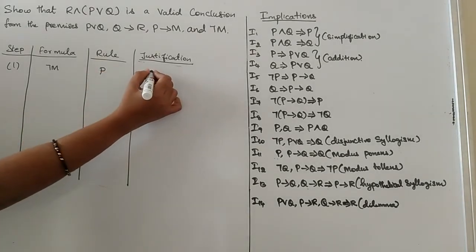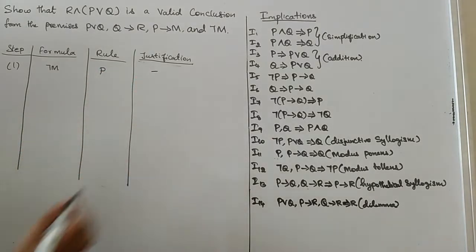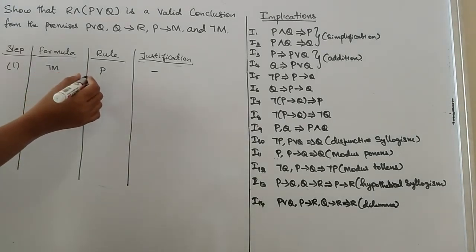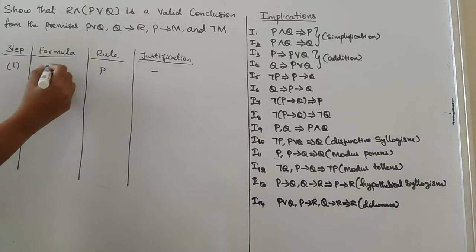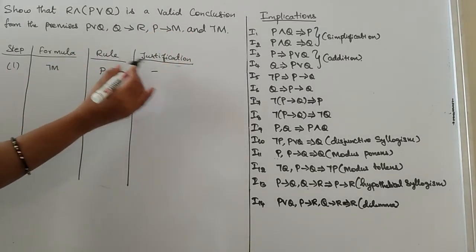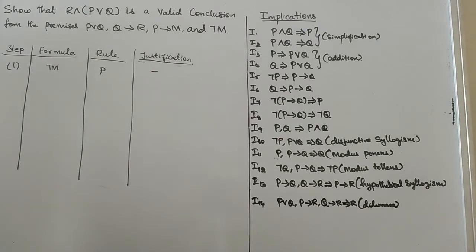There is no necessity to mention a justification for rule P. So simply based on rule P, we are introducing the formula negate M, and we are not writing any reason for this.